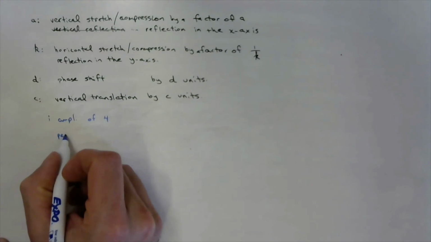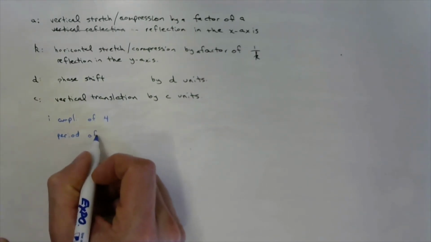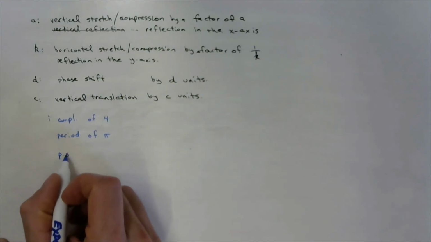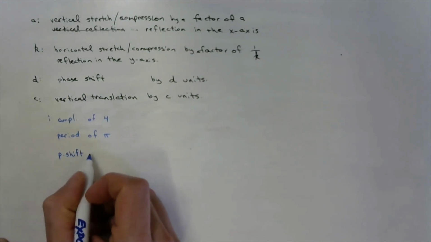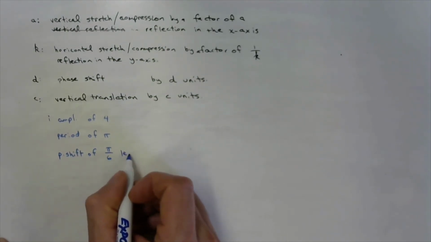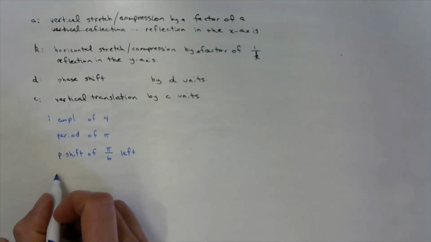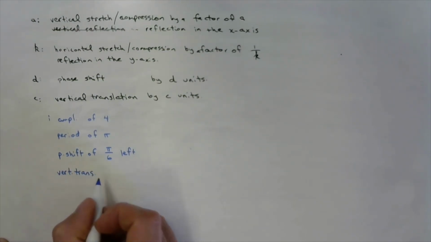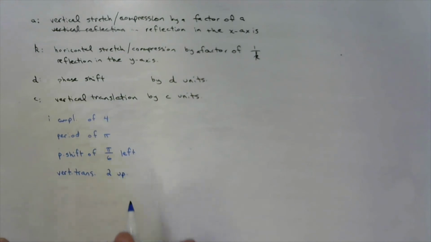It's going to have a period of pi. It's going to have a phase shift of pi over 6 left. And it's going to have a vertical translation, 2 units up.